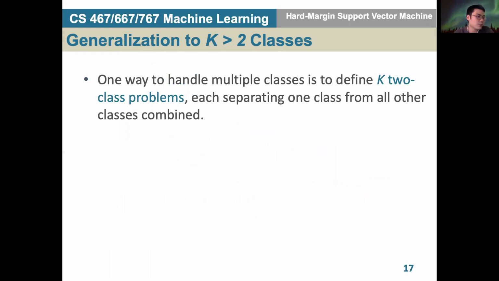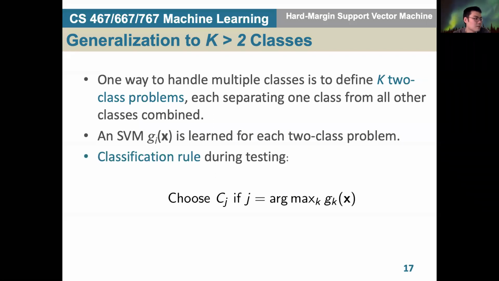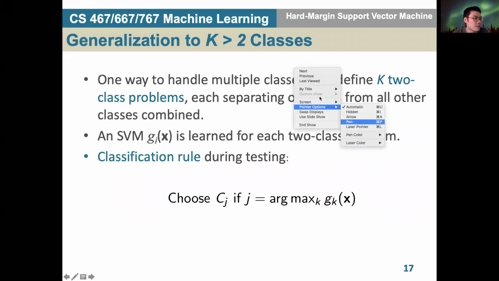All right, so if we want to generalize to k larger than 2 classes, keep in mind that SVM is always a linear plane separating the space, always with a positive magnitude. If you really want k classes, you can do this with 2-class classification problems.